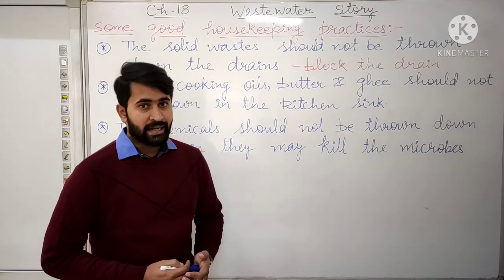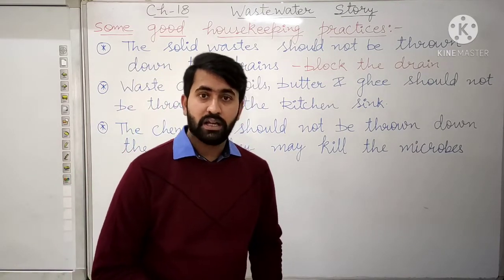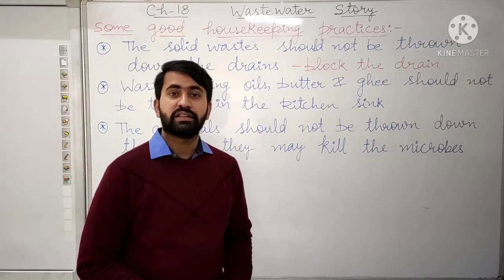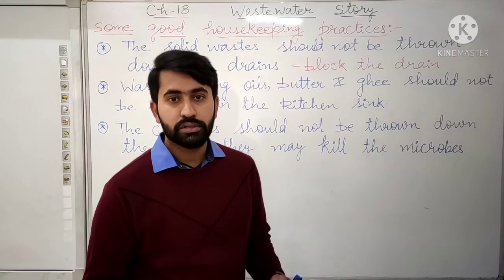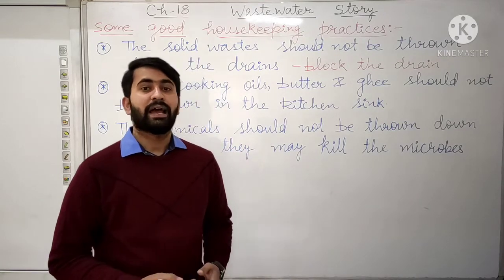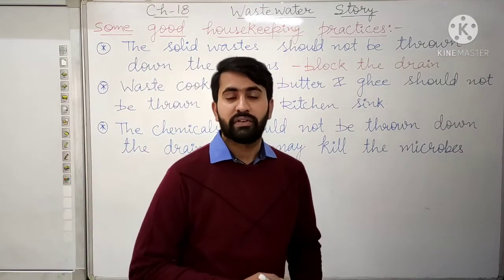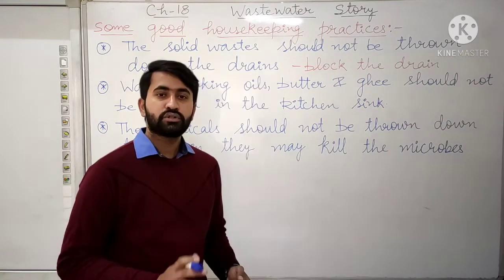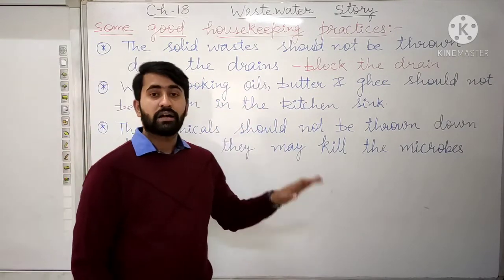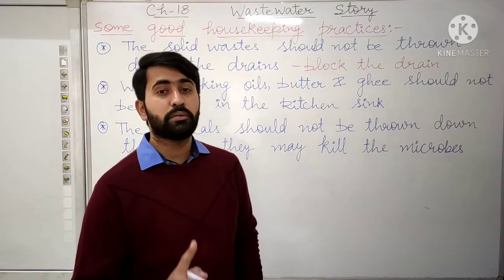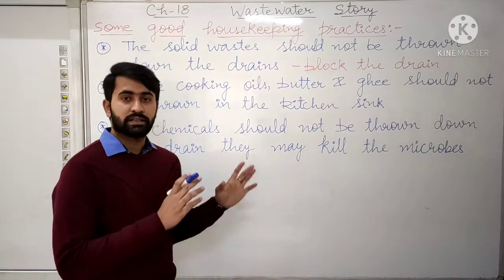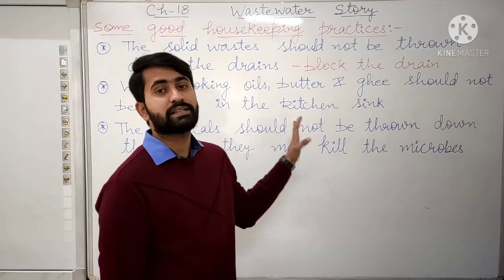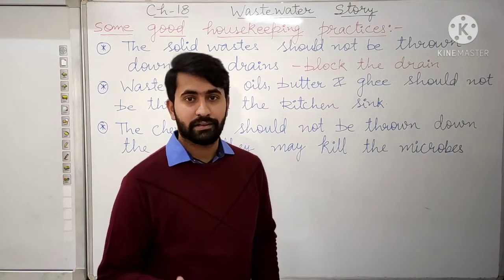On the other hand, if the drainage pipes are open, these fats and oils will block the pores that are in the soil and will reduce the effectiveness of the soil in cleaning the water. So the waste oils and fats should always be thrown in the dustbin. We should never throw them in the kitchen sinks so that they enter the drain.